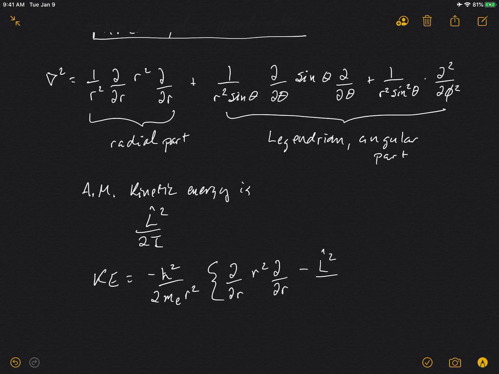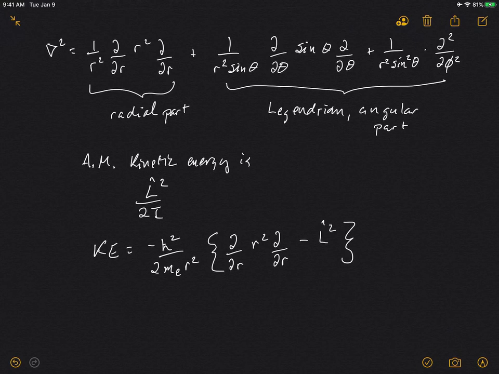L squared, and yeah, we already have the 2I in the denominator there. So this somewhat simplifies our expression for the kinetic energy part of the Hamiltonian. We can represent the angular part using the L squared operator, which we had previously developed.